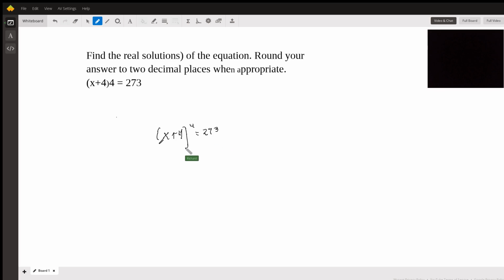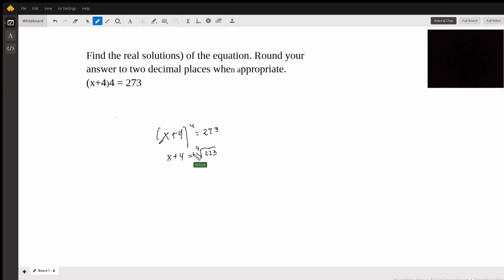So when we take the fourth root, which is the next step, after all that checking on my calculator, I gave up. We have to leave this as is, the fourth root of 273.